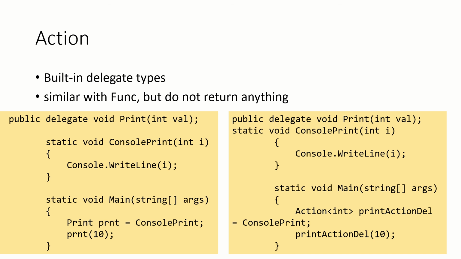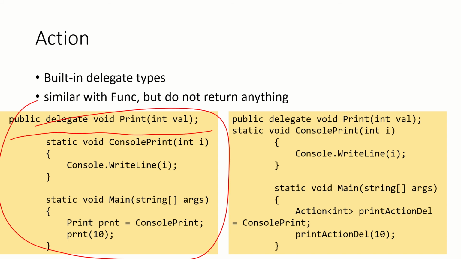Look at these two pieces of code. In this part of the code, we're using the traditional way, which means we customize a delegate print and we assign a method there, then call.